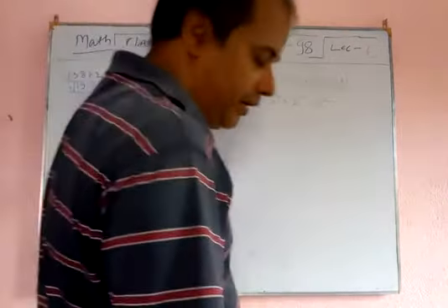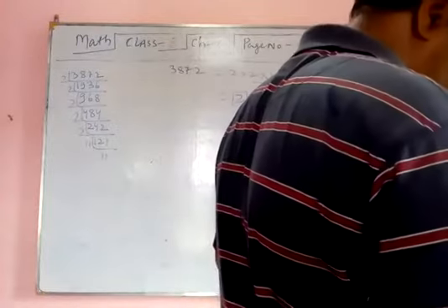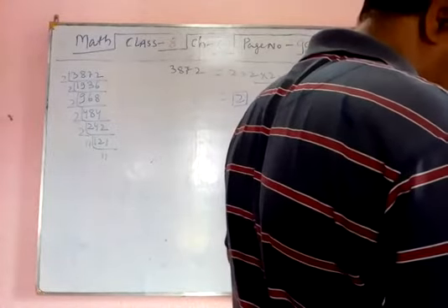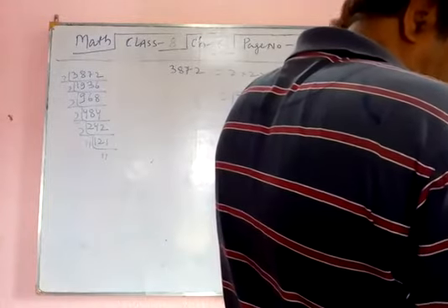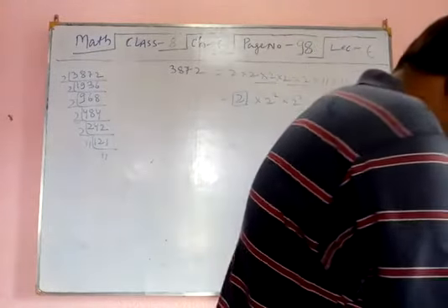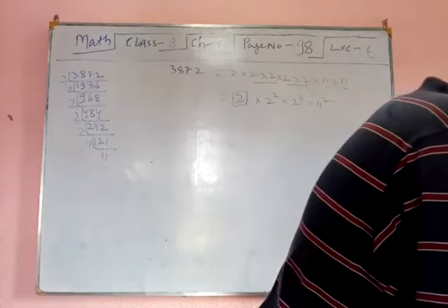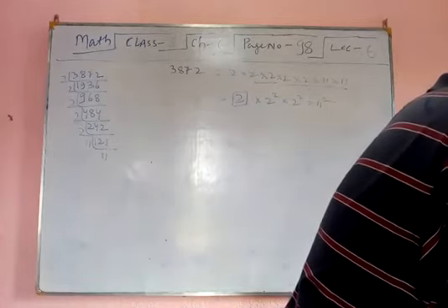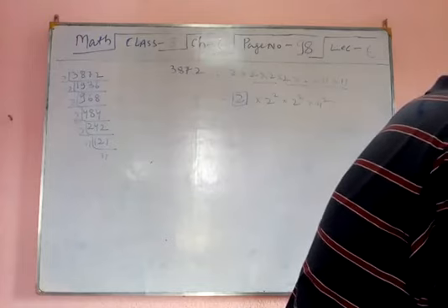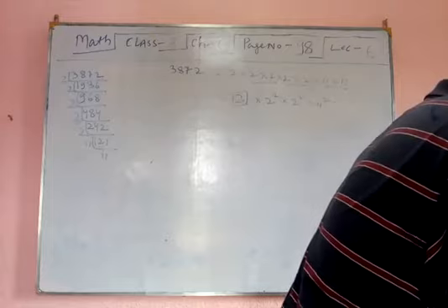So if we multiply by 2, we will get the answer of this number. So as a pair of 2 is incomplete, we divide 3872 by 2 to obtain a perfect square.